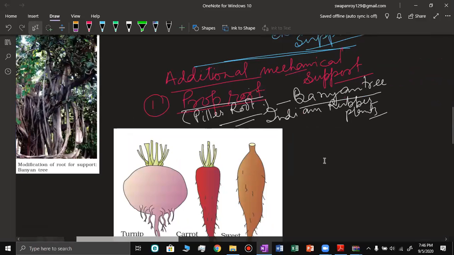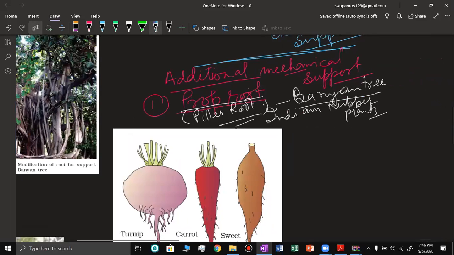Now, does this root only take in air, or does it release something too?